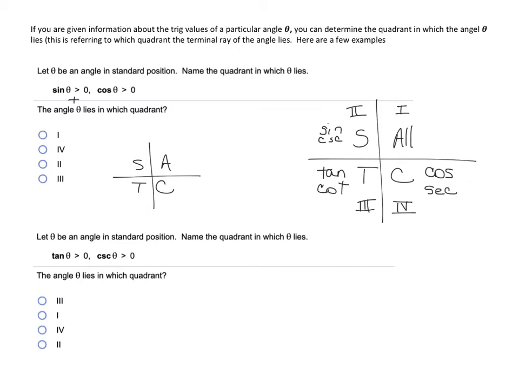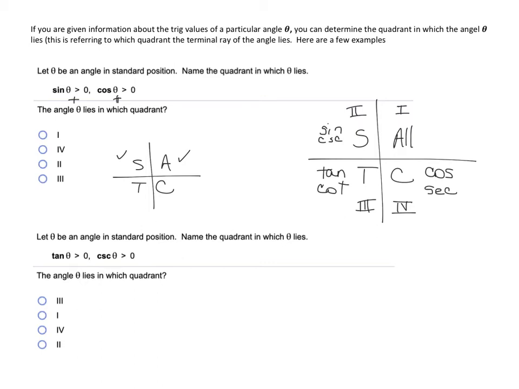So you just come down here and say, where is the sine positive? Well, we know it's positive in quadrant 1 because everything's positive in quadrant 1, and then quadrant 2 because the S stands for sine. So those are the 2 quadrants in which sine of theta is positive. Now let's go to the second part. The cosine is positive, once again greater than 0. So where's the cosine positive?